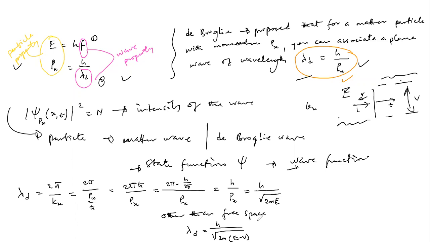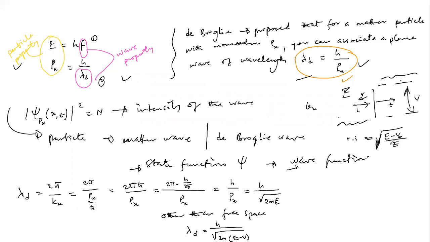Hence, the equivalent relative index of refraction of the medium is now proportional to the square root of E minus V, and can be changed through the potential energy term in the Hamiltonian.